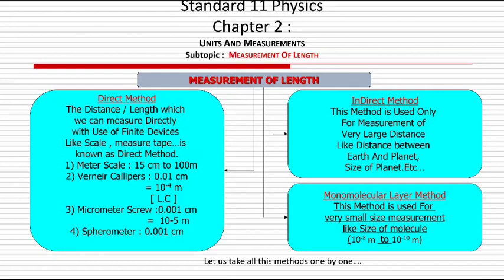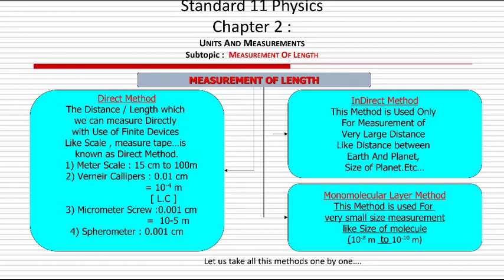Now another method to find very small distances, like the size of a molecule, is the monomolecular layer method. This method is used for very small size measurement, like the size of a molecule or an atom. The range is 10 raised to minus 8 meter to 10 raised to minus 10 meter.